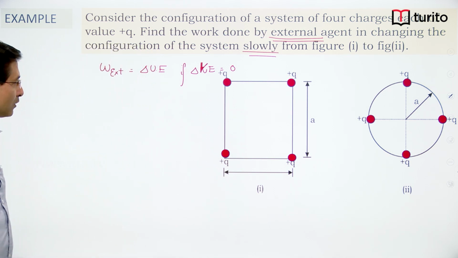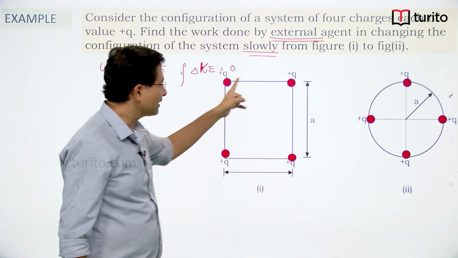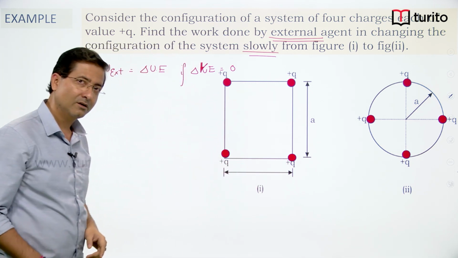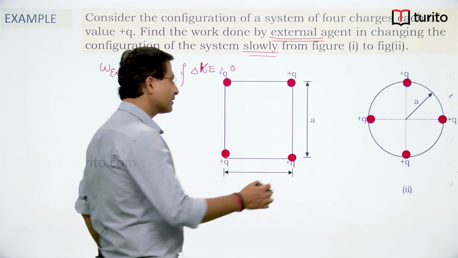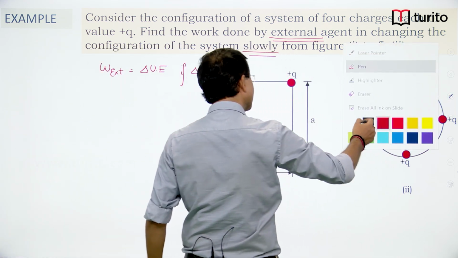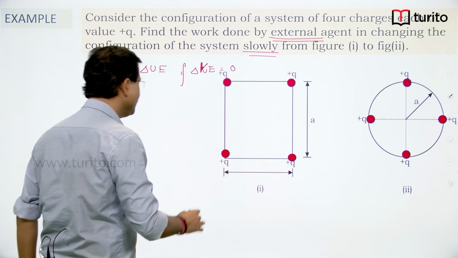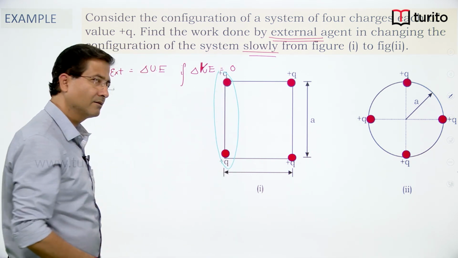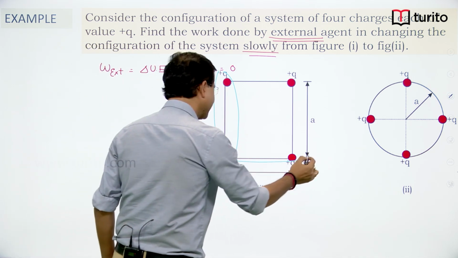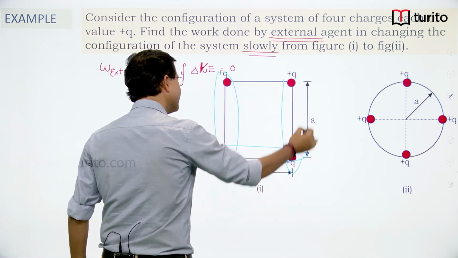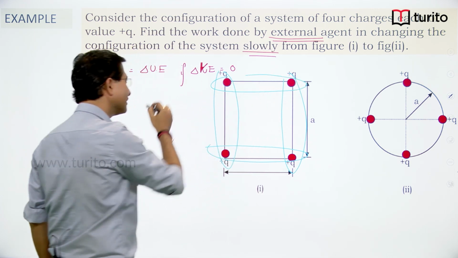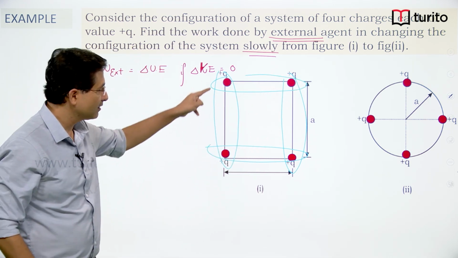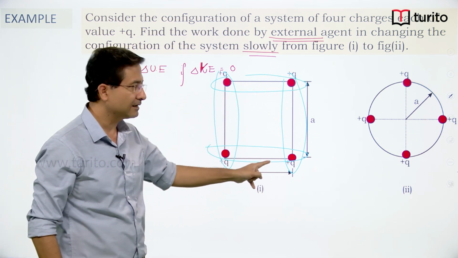So, you can see now there are 4 charges, right? How many combinations can you make? You can see here we have got one combination first, right, second, third, fourth. This way I can make 4 combinations, right.